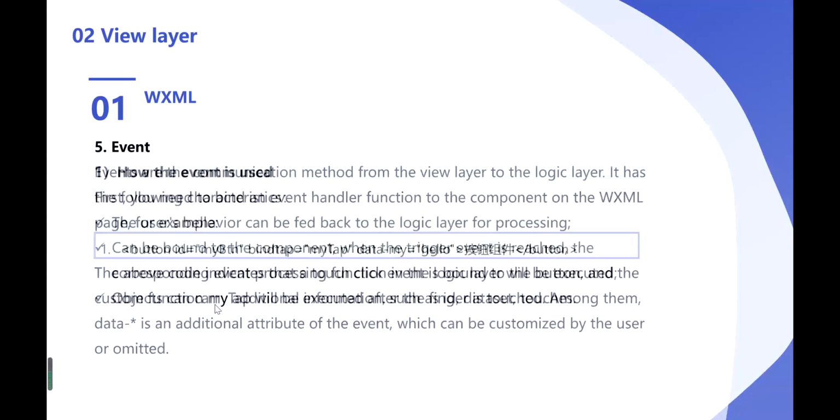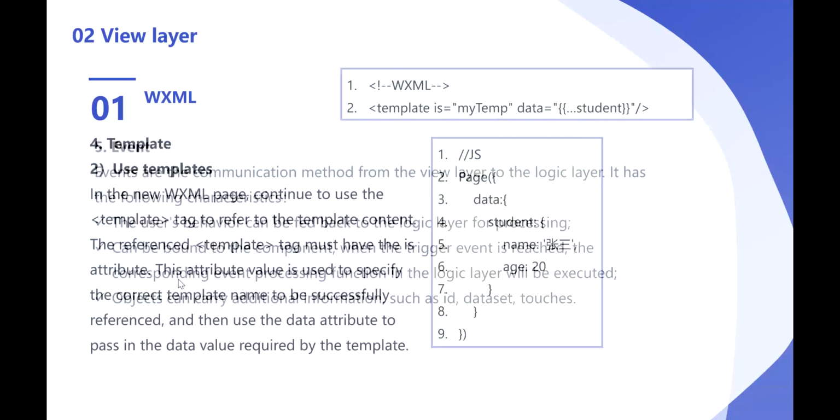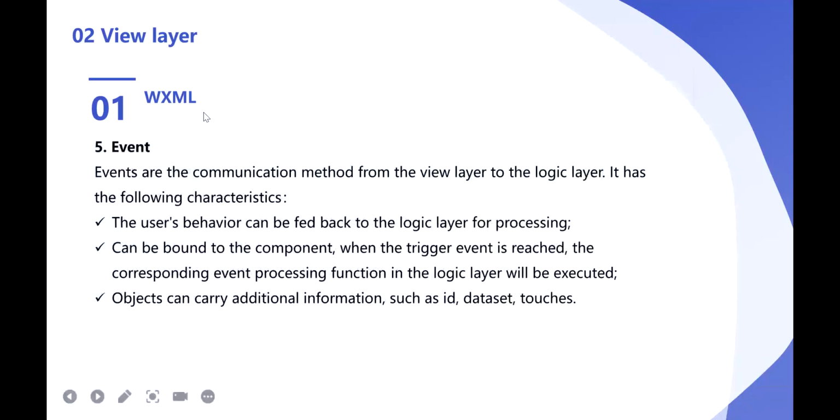We may see it later, and here we'll see in view layer, we have other things like events. Events are the communication method from the view layer to the logic layer. It has some characteristics like this. First one, the user's behavior can be fed back to the logic layer for processing.